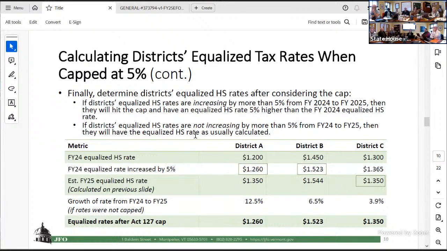I guess I would offer, when we first did the work, and many of the people in this room did the work to pass 127, we were modeling the 5% threshold with a much smaller number of districts being able to use it, because we were not taking into account all of the other inflationary pressures on education spending this year.